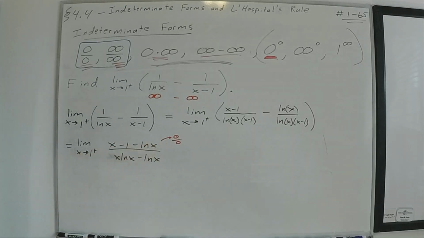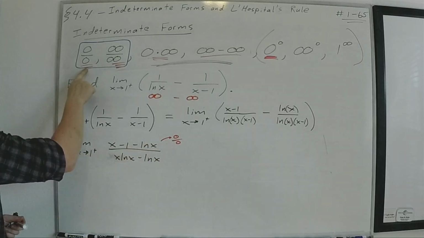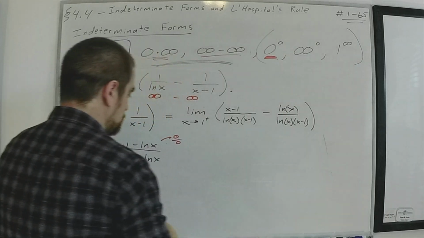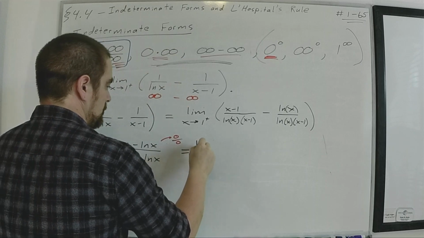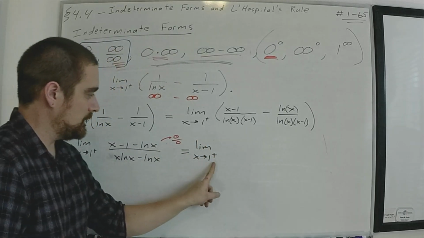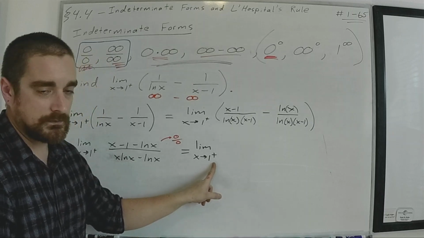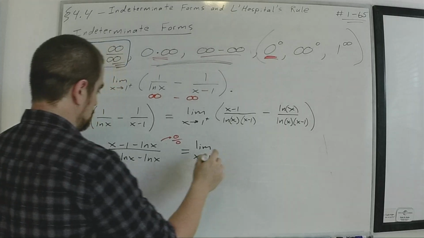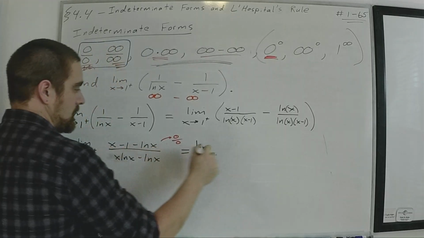Aha, so I'm in an indeterminate form now where I can apply L'Hopital's rule. So let's go do that. Let's apply L'Hopital's rule. The limit as x goes to 1 from the right. And again, you never change this, right? You always take x and bring it to the same spot, right? That doesn't change. The only thing L'Hopital lets you do is differentiate the top.